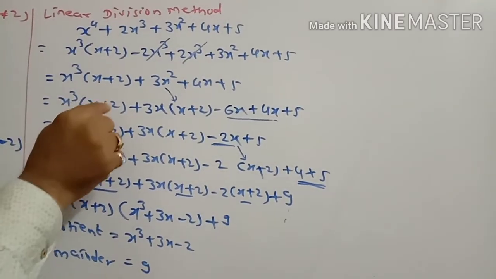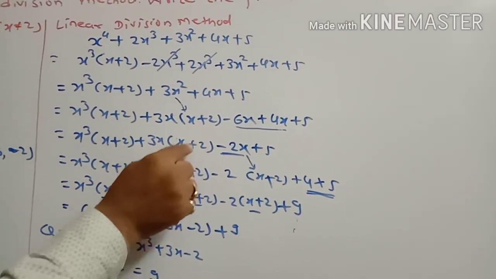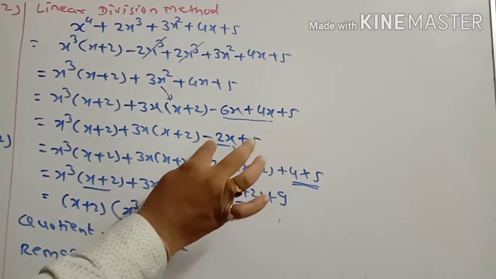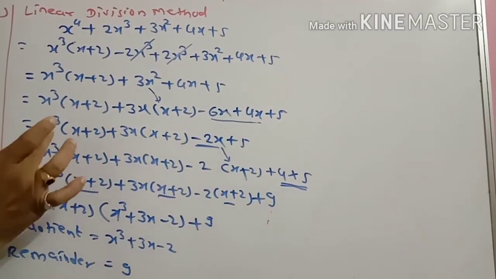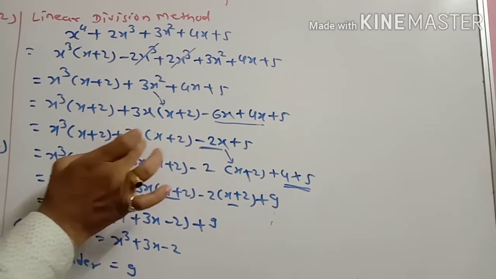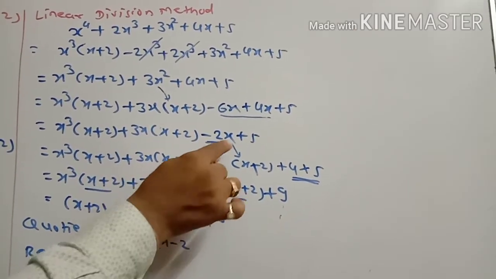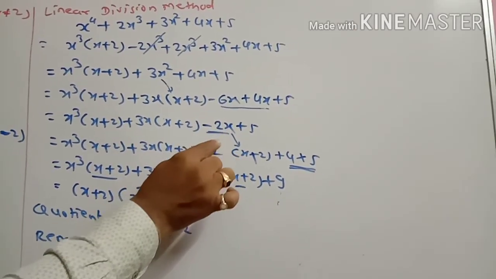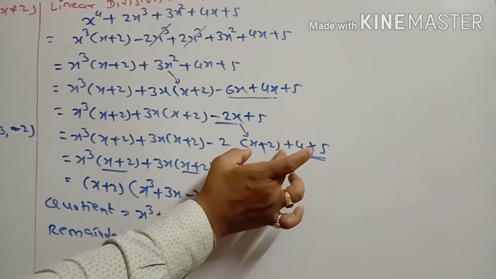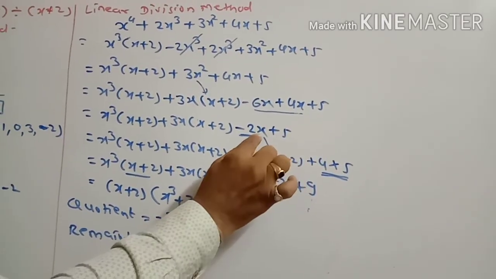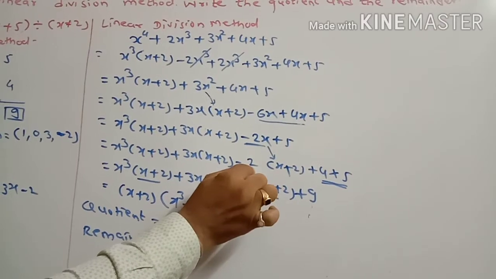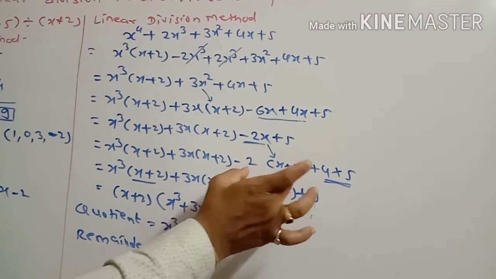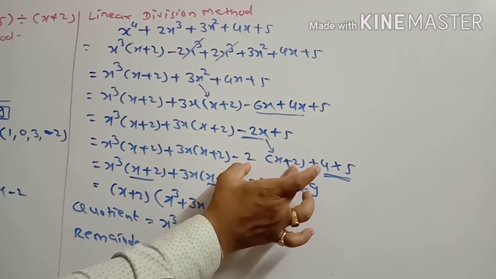Now x cube into x plus 2 plus 3x into x plus 2, and subtraction of this gives minus 2x plus 5. Again x cube into x plus 2 plus 3x into x plus 2 as it is. Now from this term we write again the divisor x plus 2, and the remaining term of minus 2x is written before the bracket, that is minus 2. Then the product of minus 2 into 2, minus 4.